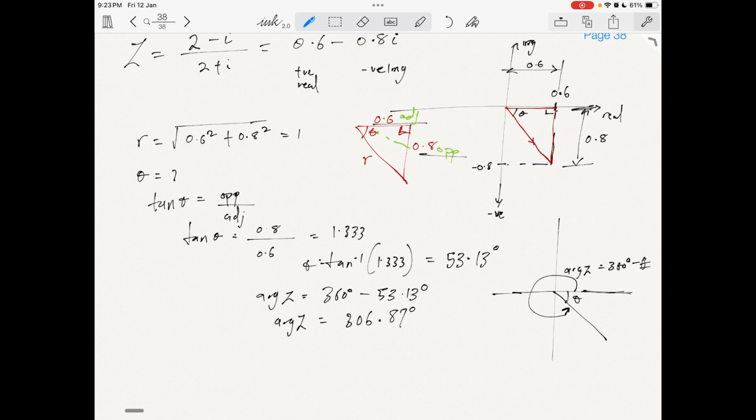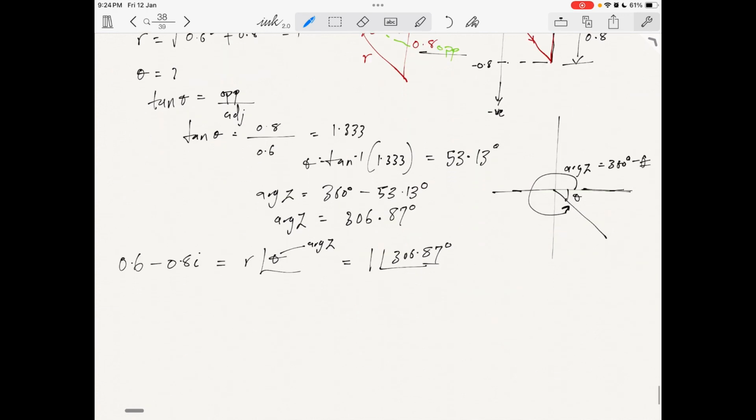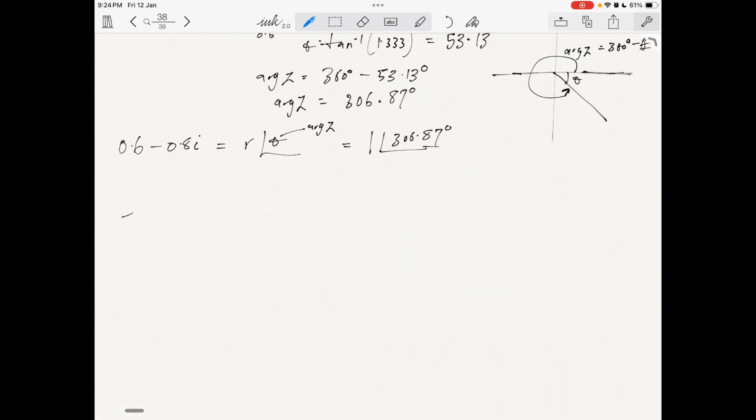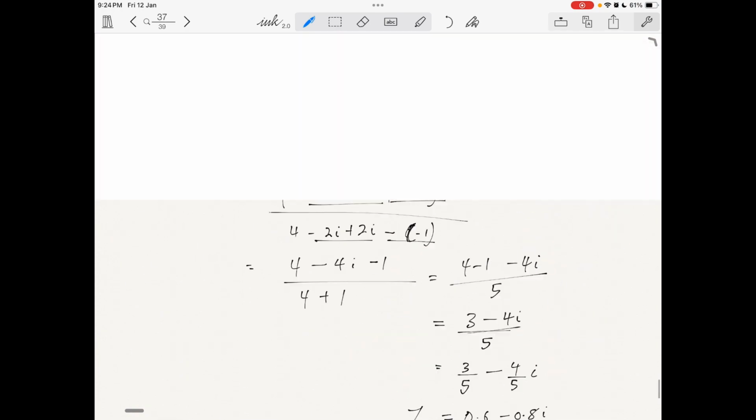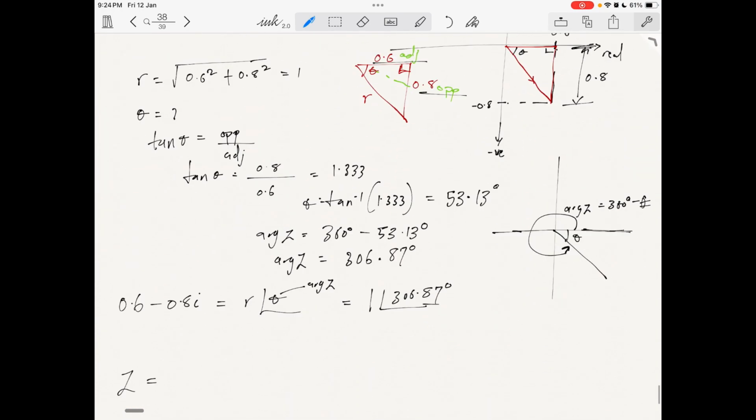Now with that done, we can write 0.6 minus 0.8i in modulus-argument form, which will be equivalent to r argument theta, where theta is the argument of z. So this is equal to 1 argument 306.87 degrees.